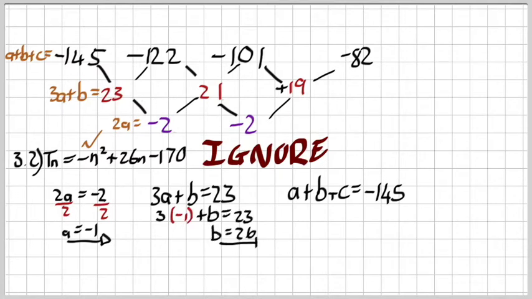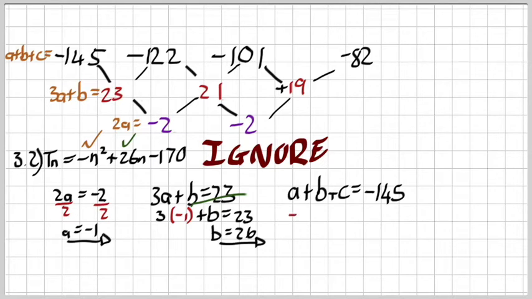Solving for b, I've got b as being 26, because I'm transposing the negative 3 and adding it on the right. I hope you find this easy. But again, what I love to do is just check, is this what I should be getting? Yes, it's 26. I love it.